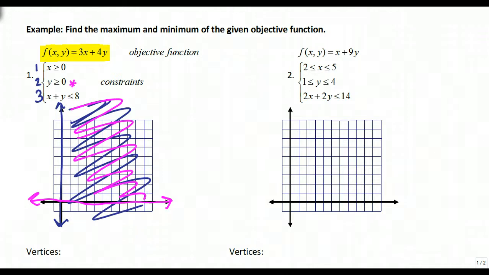And then lastly, I have this x plus y is less than or equal to 8. So I'm going to solve for y so I can graph the function. So I have negative x plus 8. So my y-intercept is 8. 1, 2, 3, 4, 5, 6, 7, 8. Now, you can either use the slope or you could use the x and y intercepts, whatever you like to do.